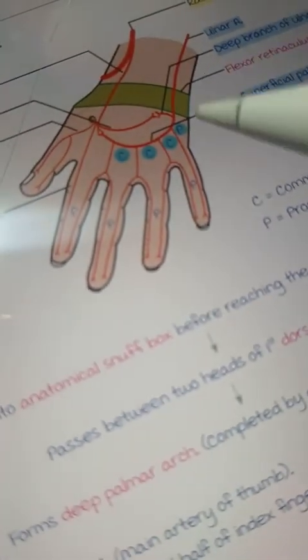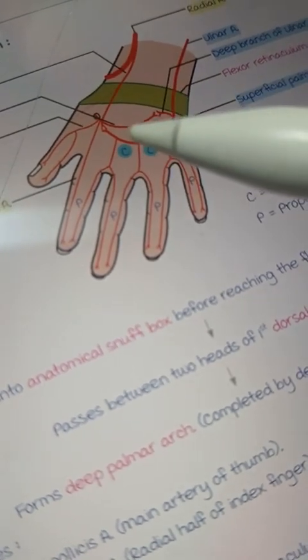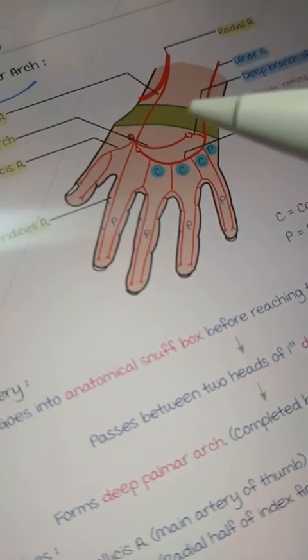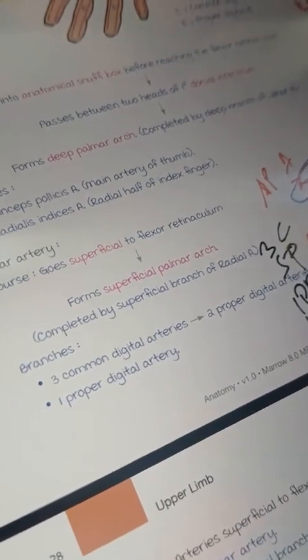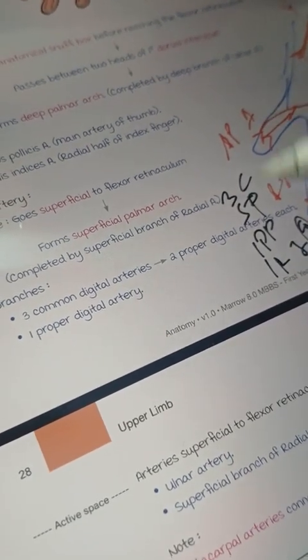As you can see, the ulnar artery is forming the superficial palmar arch, and it is getting anastomosed with the superficial branch of the radial artery. Branches being 3 common digital arteries and 2 proper digital arteries each, and basically 1 proper digital artery.